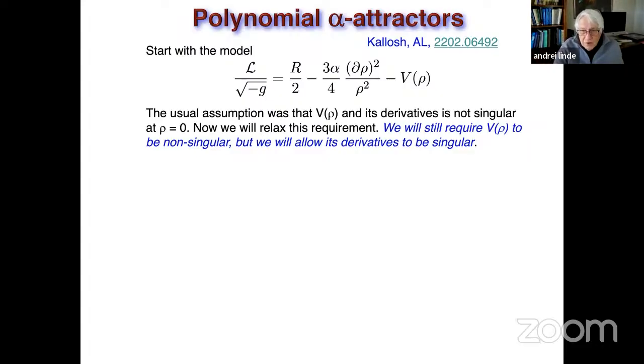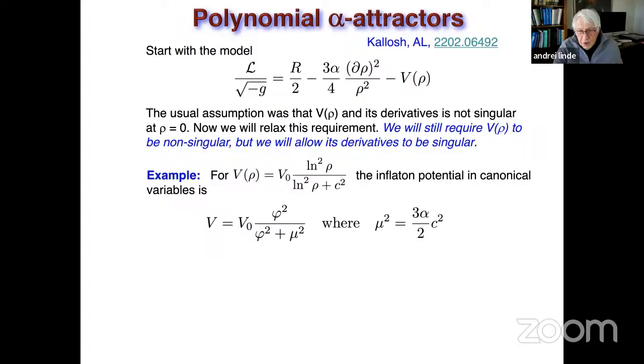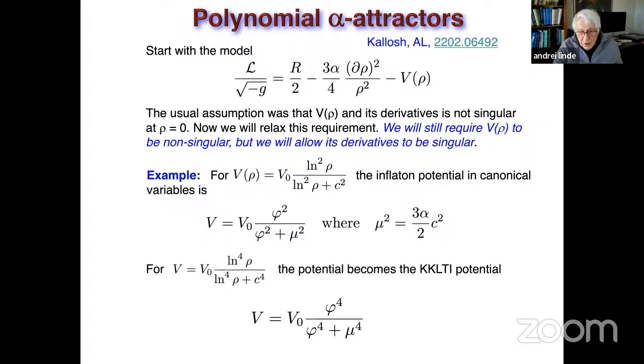When we study V, we have chosen V to be non-singular, and we also assumed its derivatives to be non-singular. But if we instead allow derivatives to be singular, then we also obtain this set of models. So for us, it is just a reason to look at this polynomial type of model seriously.